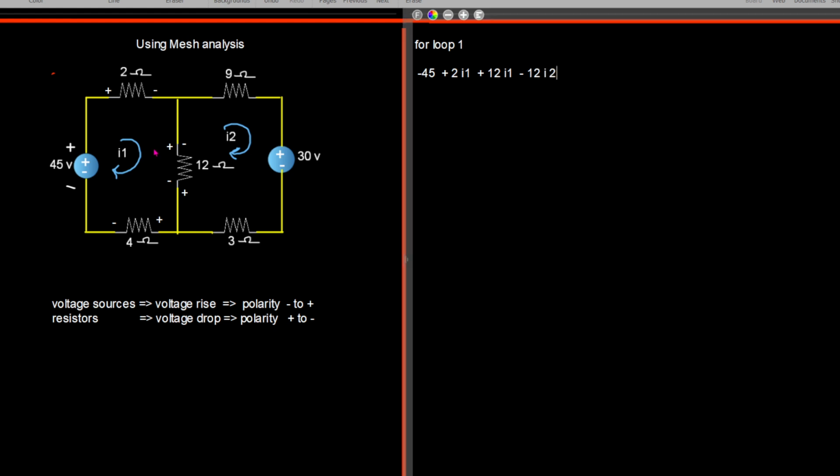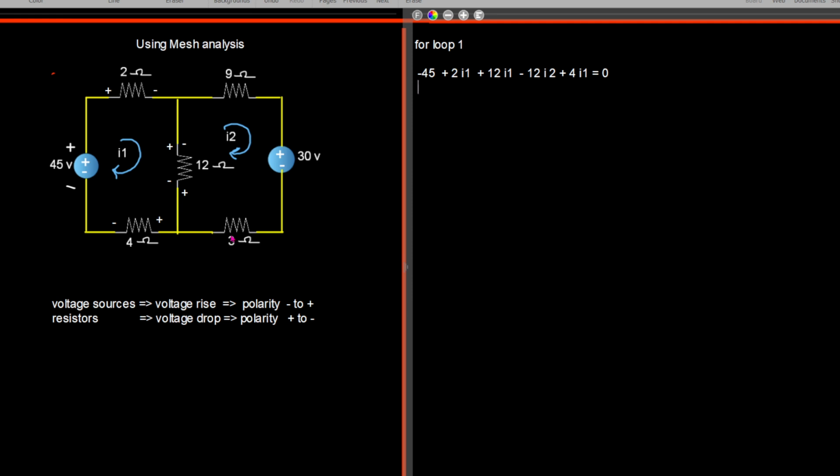I2. Then it comes to this path, that is the current I1 is flowing through this 4 ohm resistance. There also it is voltage drop. So we take it as plus 4, that is Ohm's law, right? 4 I1, that is equal to 0. So now we rewrite, adding all the I1s together.